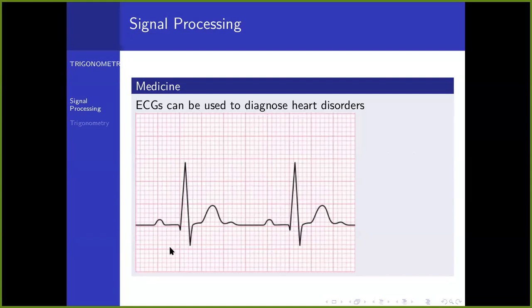I think they're usually about 5 different signals, and any one or some of them missing usually is an indication of a heart disorder. So that is one place where it can be used. One thing you should note is that it doesn't look like the normal smooth trigonometric functions that you use, but we'll explain why in a short time.